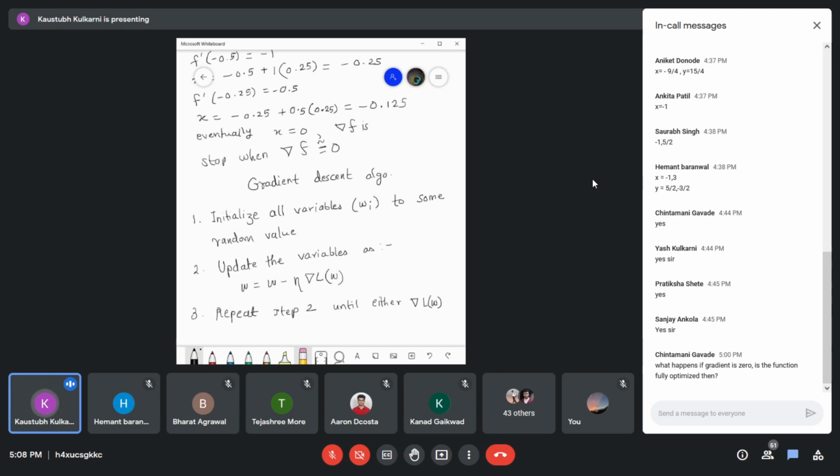So the components of this vector will be dou L by dou w1 plus dou L by dou w2 plus dou L by dou wn, and each of these will be multiplied by a unit vector. w1 cap means the unit vector in the direction of w1, and wn cap the unit vector in the direction of wn. This is your gradient of L(w).